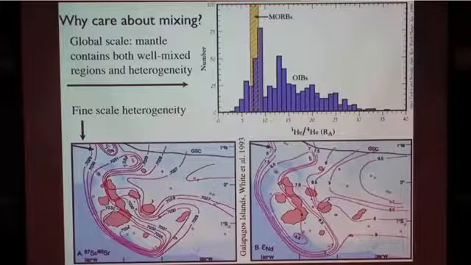Some of these figures may have appeared already in talks that you've seen. If we look at most of the basalts coming out of the mantle, mid-ocean ridge basalts, and take some of the main tracers we use, in this case helium-3, helium-4, which is a measure of how outgassed the mantle may be, you'll find that the bulk of basalts coming out at mid-ocean ridges fall in a very narrow range of helium-3, helium-4 ratio.